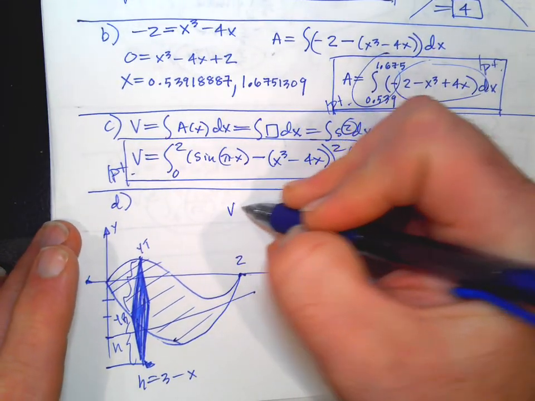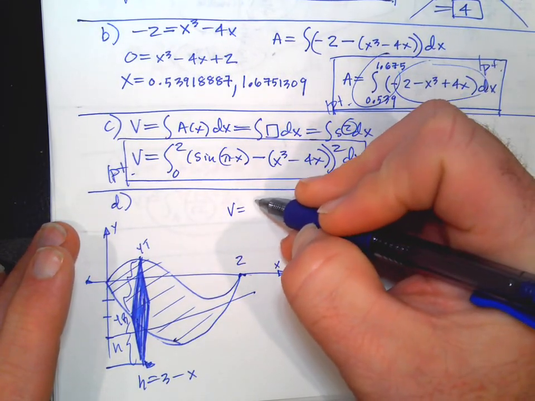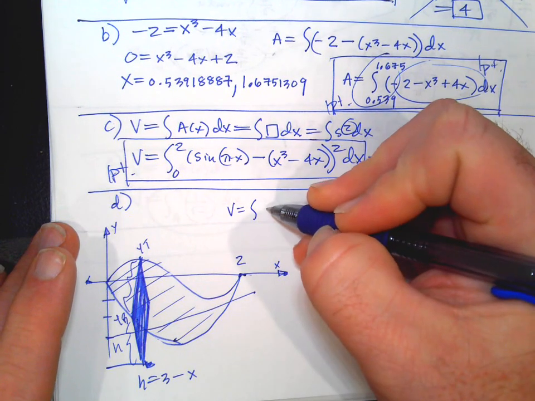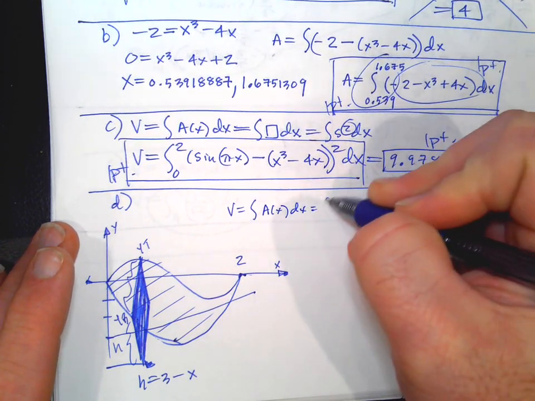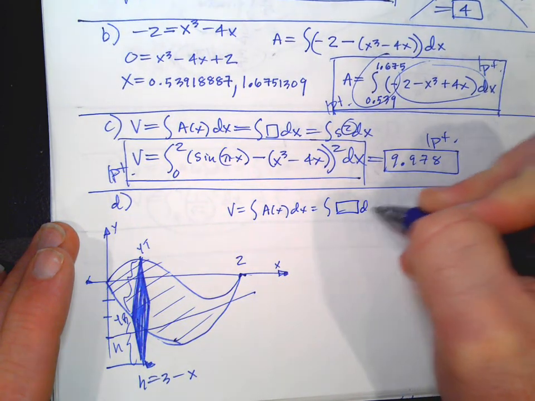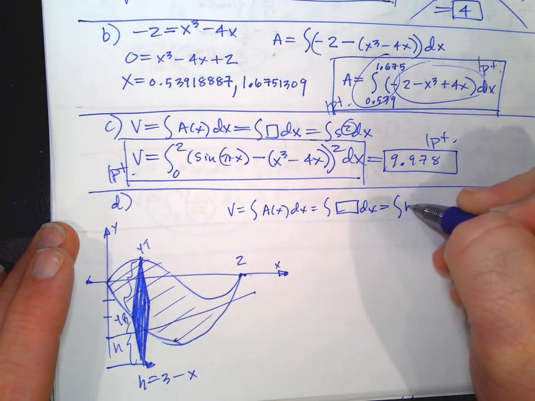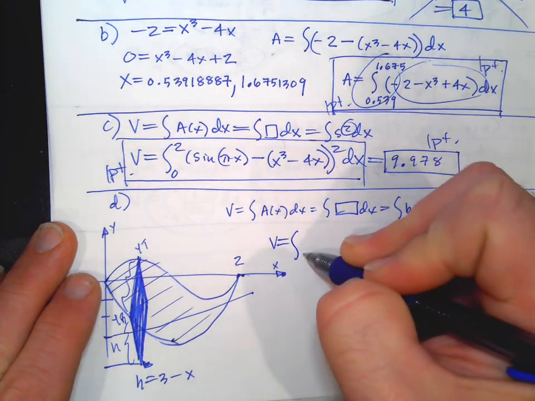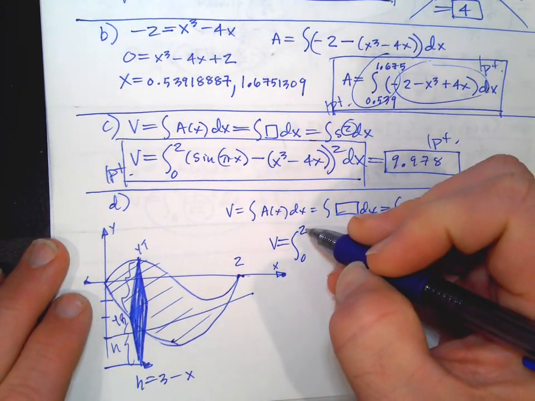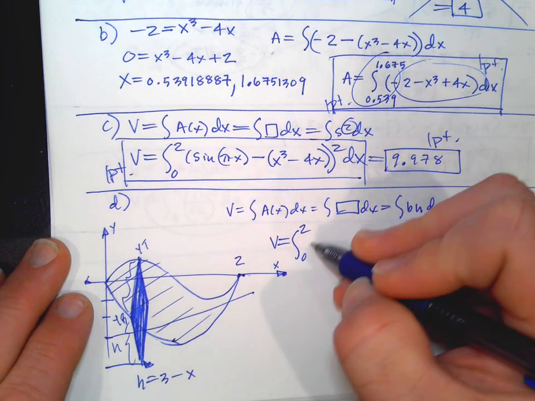So our volume, it's volume by cross section, but they're rectangles. So it's some area in terms of x, and they are rectangles. So it's base times height. Now the limits are going to be 0 to 2. Now the base is this distance, y top minus y bottom.